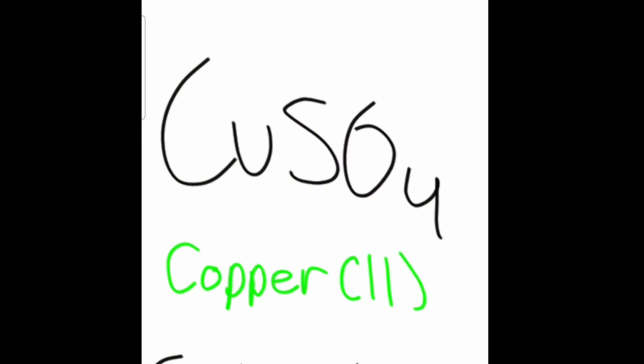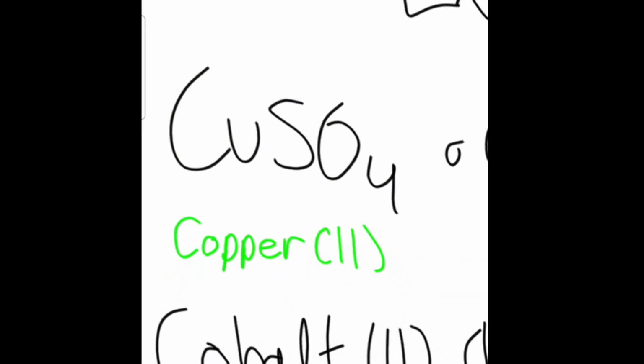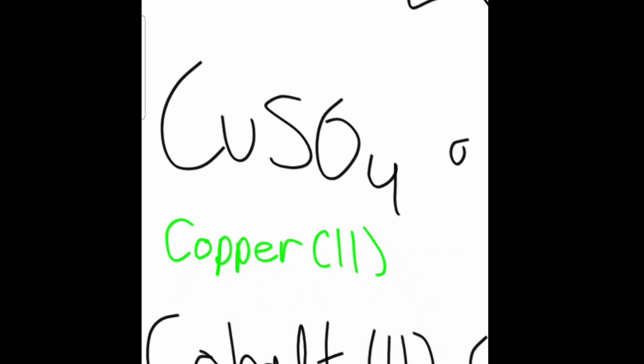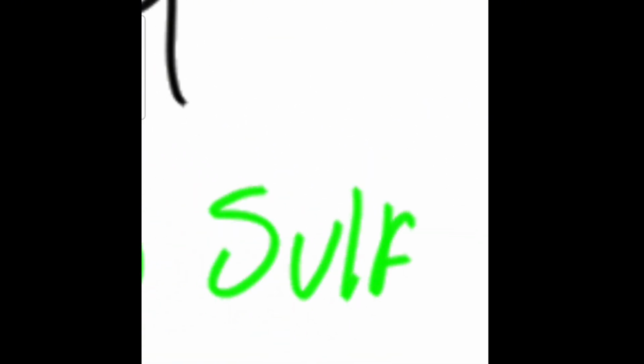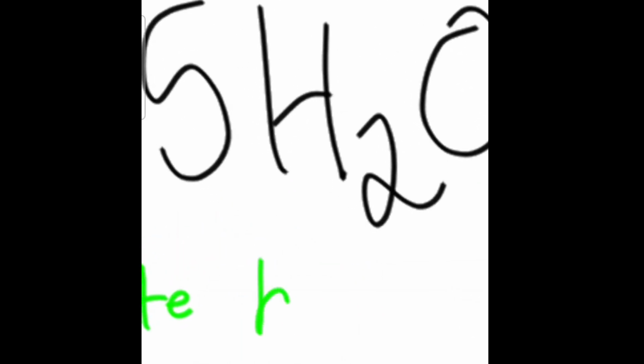We know this is copper 2 because there's no 2 on the copper. Oh my lord. I cannot speak. Okay. Now what is SO4, which is sulfate? And now how we name this is hexa.